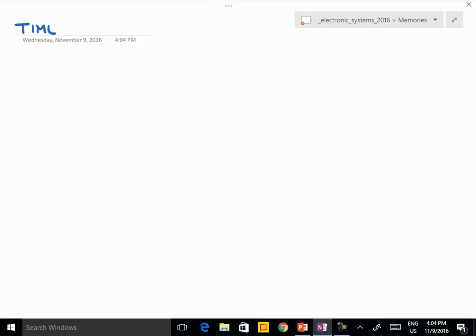Time required to activate the word line, of course, is a part of the total read time.